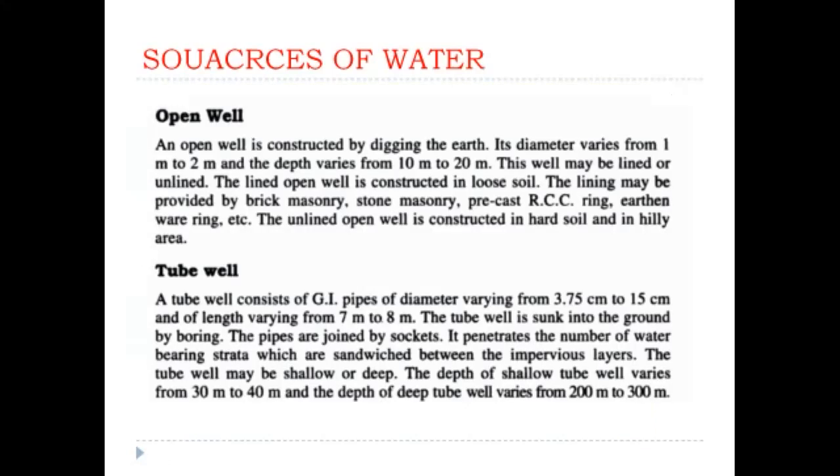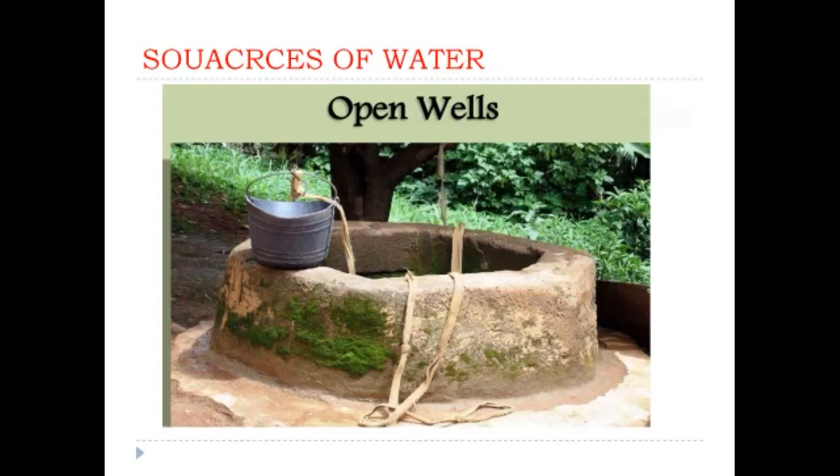An open well is constructed by digging the earth. Digging the earth means removing the earth to some depth. Its diameter varies from 1 meter to 2 meters. That is the diameter of the well.